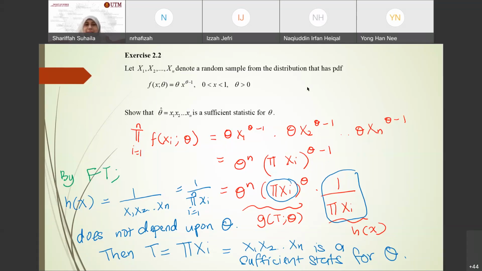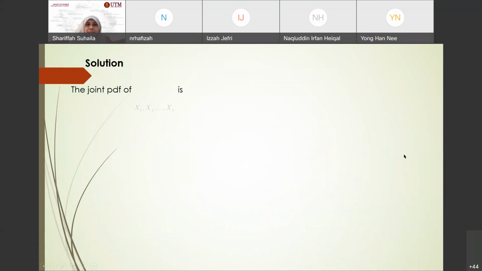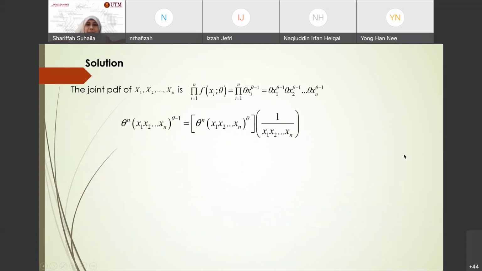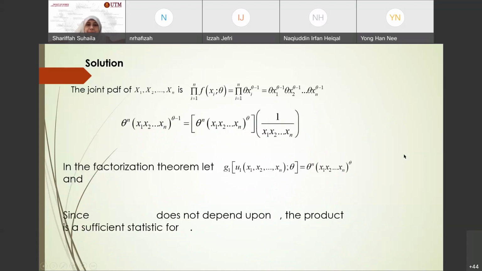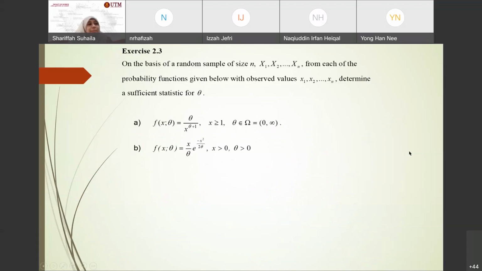Any questions? Okay, let's try the other one. Let's try this one, Exercise 2.3.